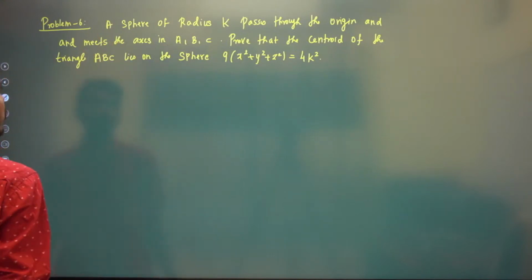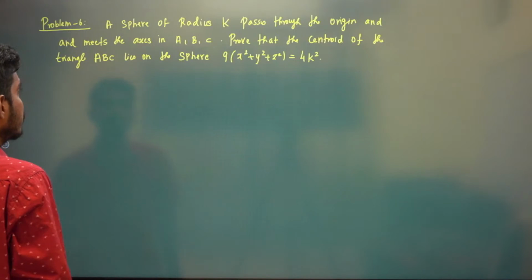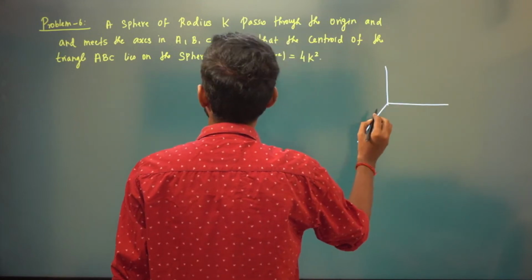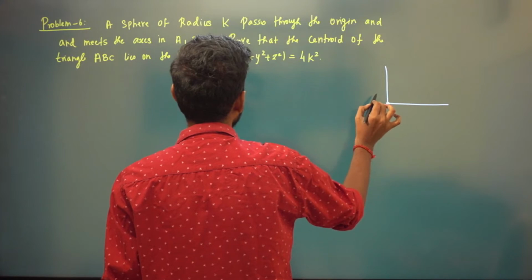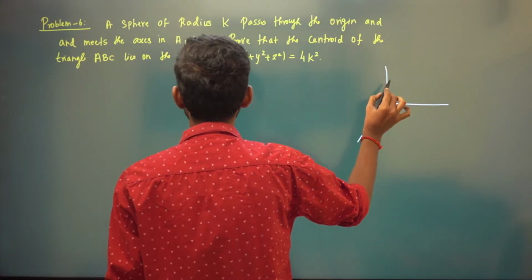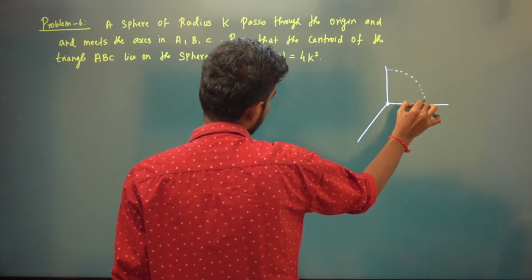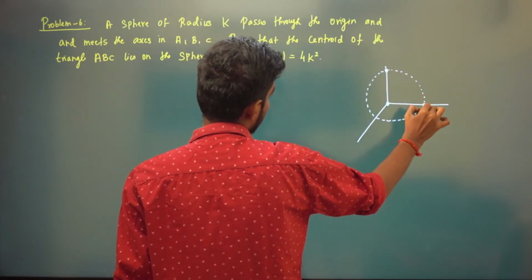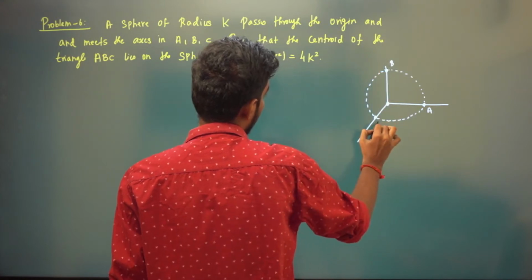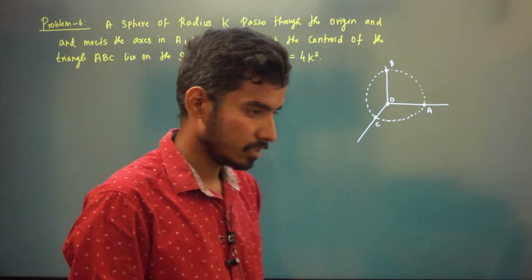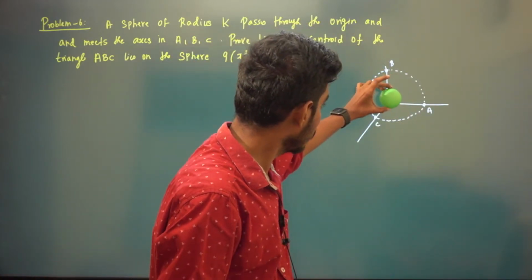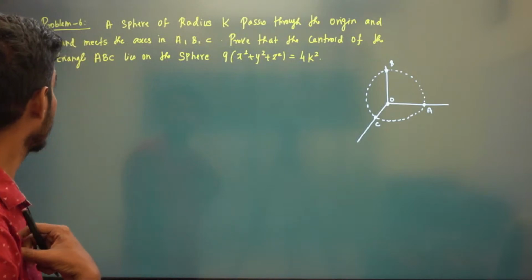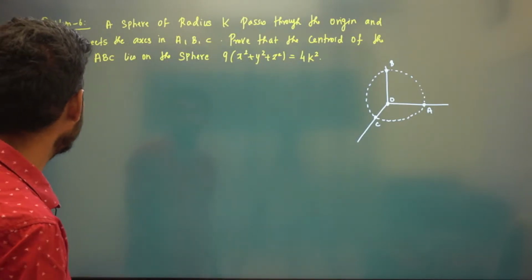Let us keep a sphere here. The sphere is passing through the origin and meets the axes at A, B, C. Now prove that the centroid of the triangle ABC lies on this sphere.